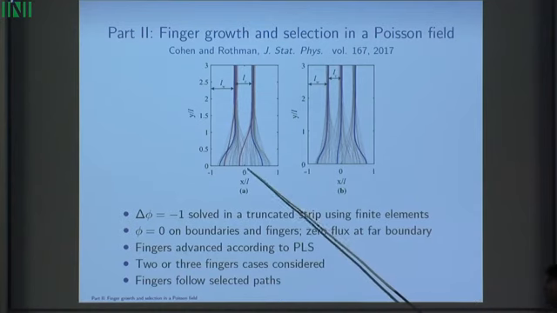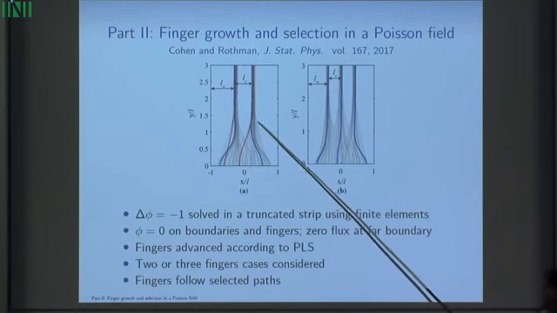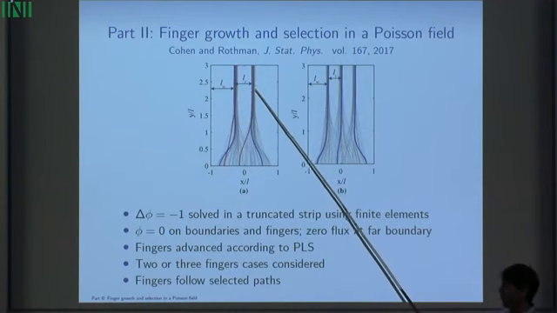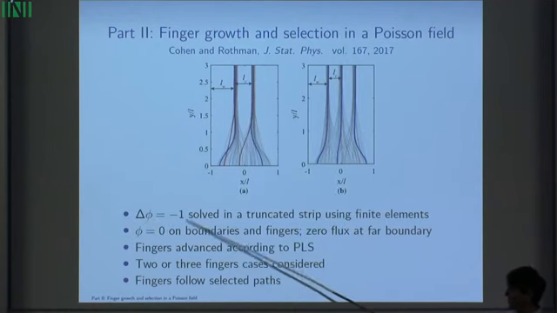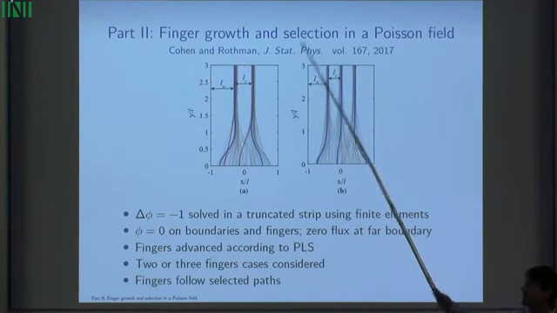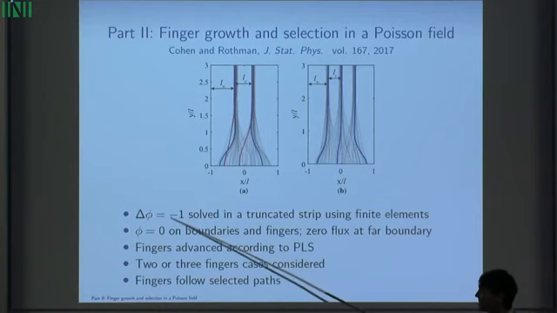What they've done in this left panel is start with a couple of fingers and grow them with time, and they're solving Poisson's equation, subject to phi equals 0 on boundaries and fingers with 0 flux at infinity. So the flux to this problem is the rainfall. That's this term here, the source term.